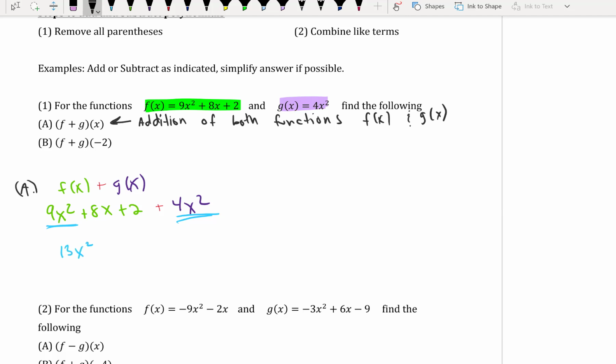And everything else you can't combine. So I'm going to have a positive 8x and a positive 2. So now I can say that f plus g of x is equal to 13x squared plus 8x plus 2 as my final answer.